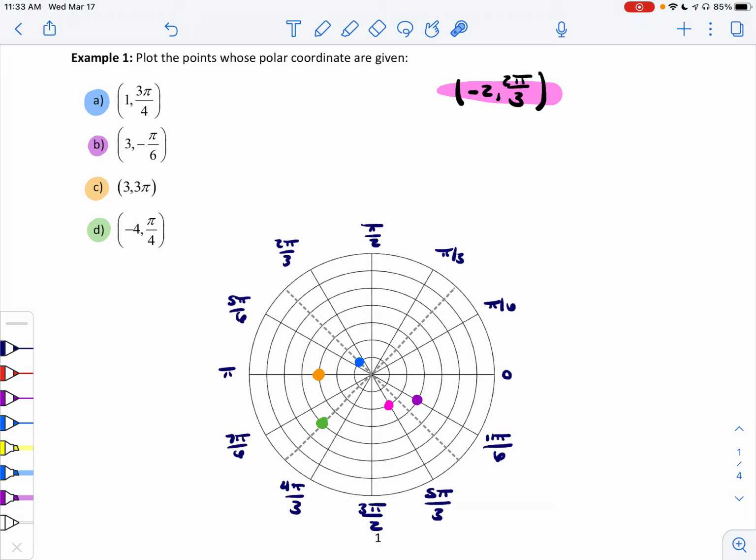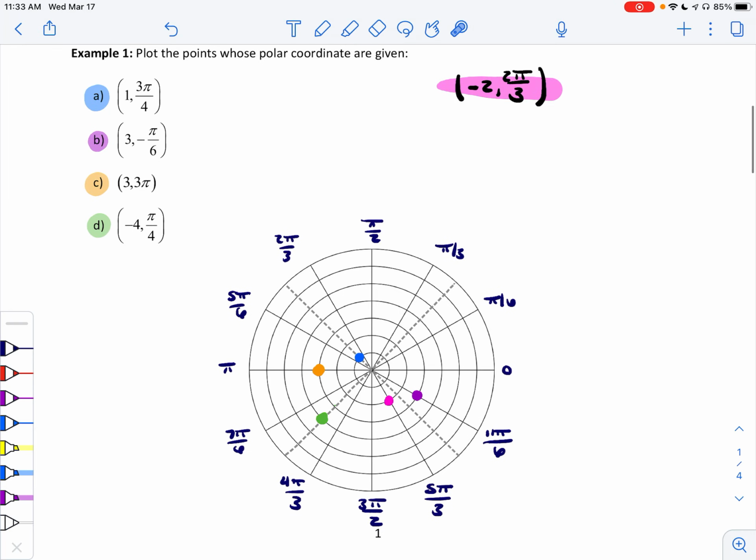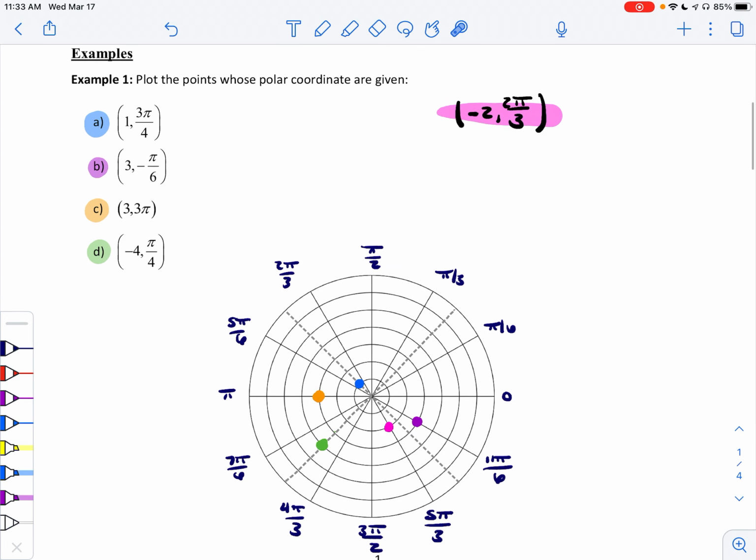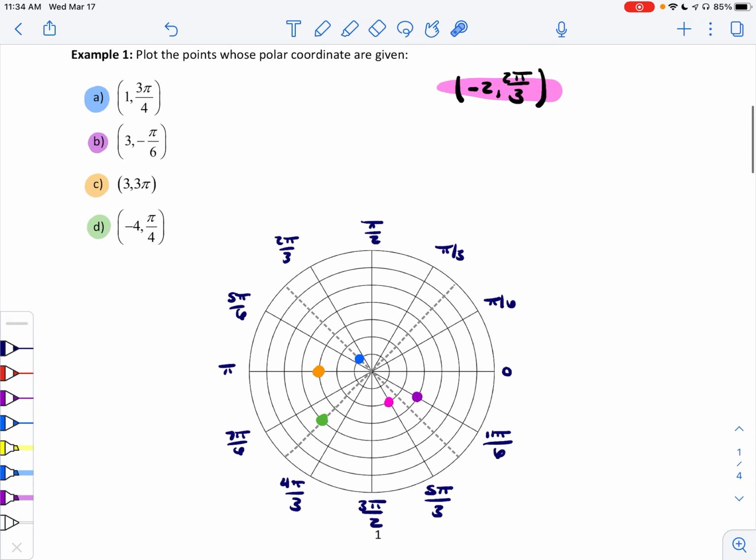All right, guys, so this is the basic idea with polar coordinates. They're all based on a radius and an angle. Now, as you can sort of expect here, polar coordinates, unlike our regular Cartesian x and y coordinates, are not unique. What I mean by that is, take, for example, part B. We had our point 3 and negative pi over 6.